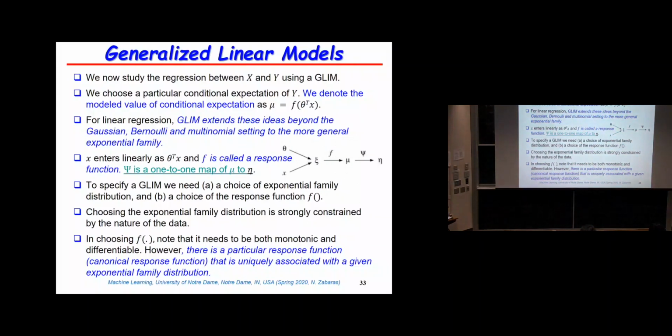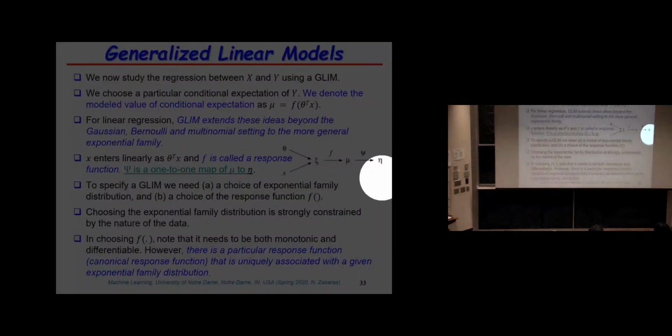Now, hopefully you did not forget this. If we work with distributions from the exponential family, not just Gaussians, we proved that there is a one-to-one relation between the moments, so mu for example, and the natural parameter theta.